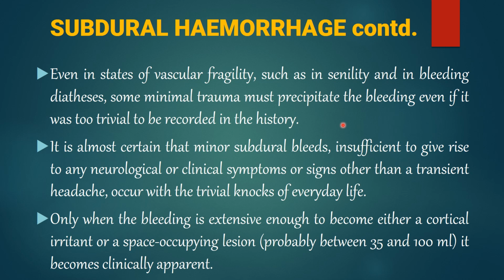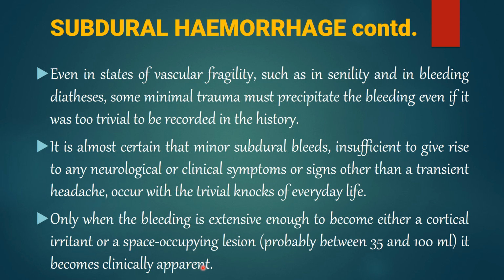So it usually presents with a transient headache that occurs with a trivial knock. But over a period, when such minute bleedings occur repeatedly, that can lead to the development of a chronic subdural hematoma.